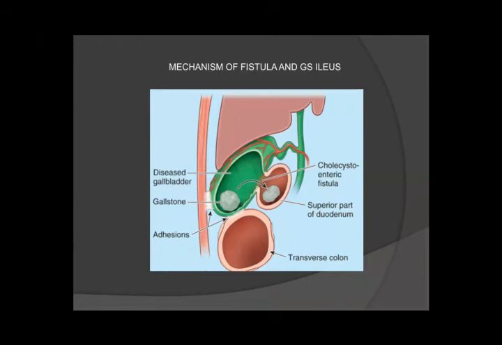This is a nice diagram. This is showing you exactly what we've been discussing before as well. There's a diseased gallbladder in green. Inside it, the white structure is the gallstone.